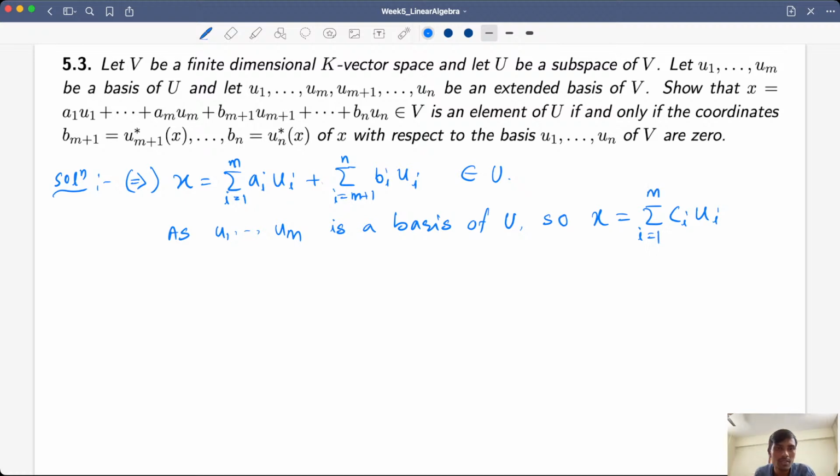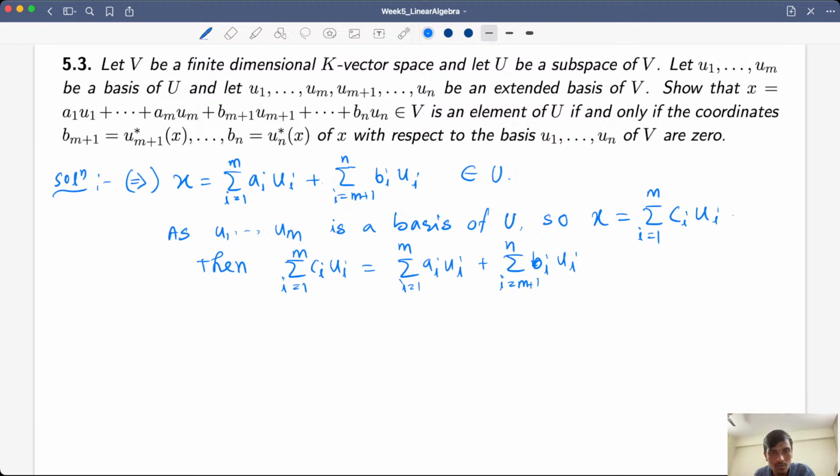But I also know x has this expansion, so the sum of ci ui, i equal to 1 to m, equals the sum of ai ui, i equal to 1 to m, plus the sum of bi ui, i equal to m plus 1 to n.